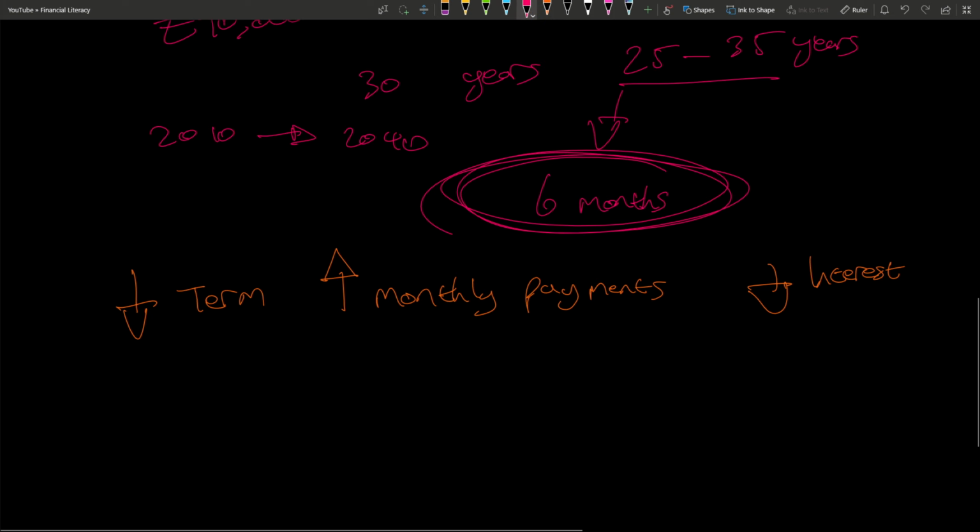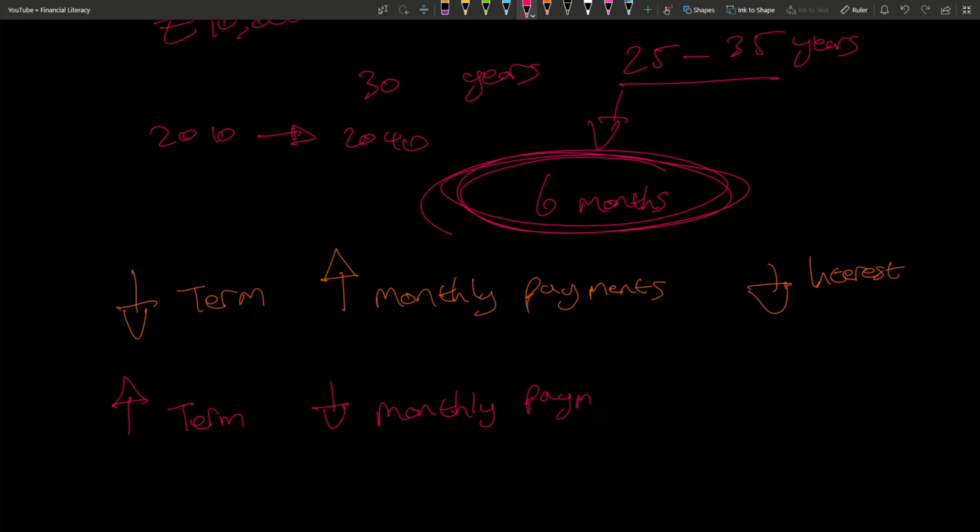On the flip side, the longer the term, the lower the monthly payments. That's the incentive to have a longer term mortgage, because let's say somebody who cannot afford the payments on a 25-year mortgage might be able to comfortably afford it on a 35-year mortgage. But you will pay a higher interest over the duration of the loan.